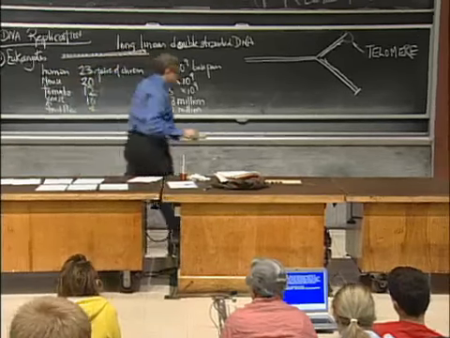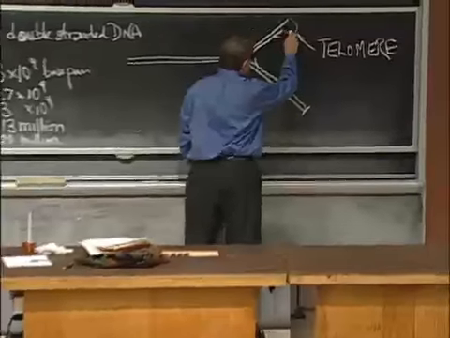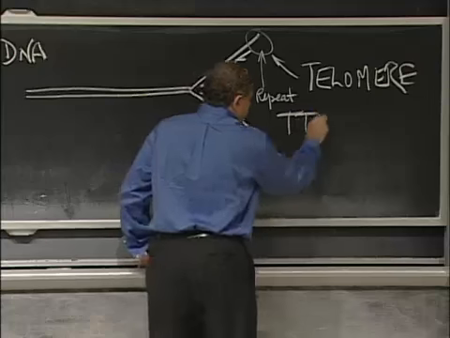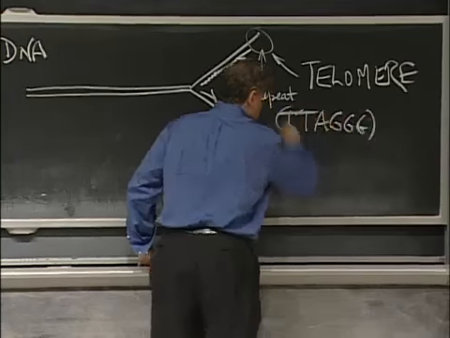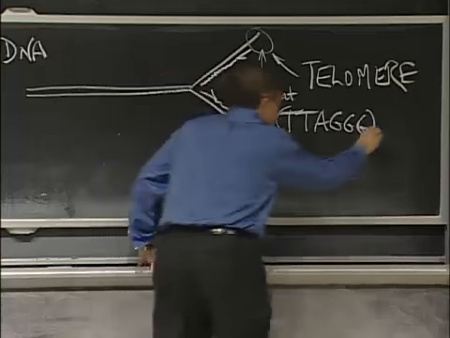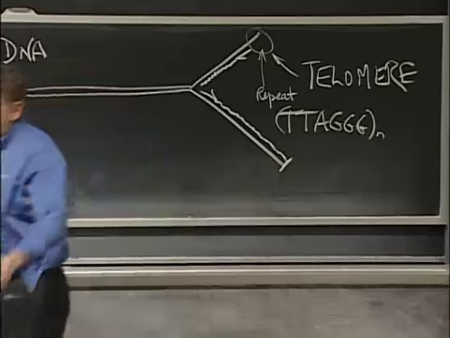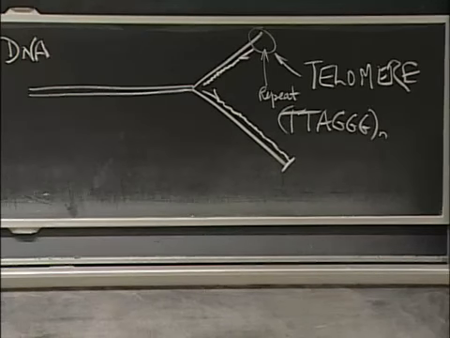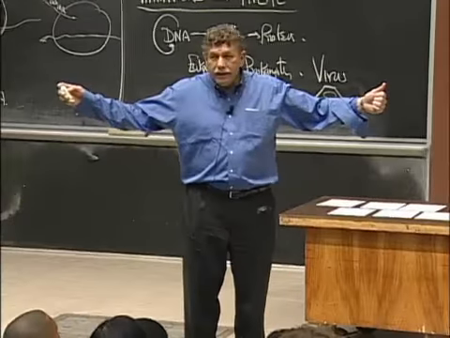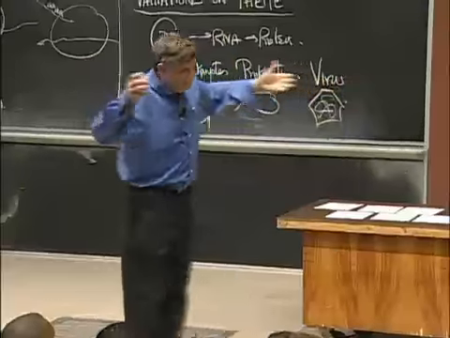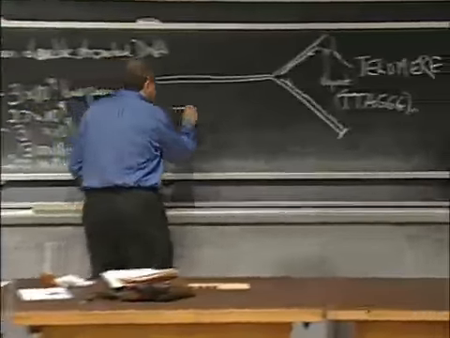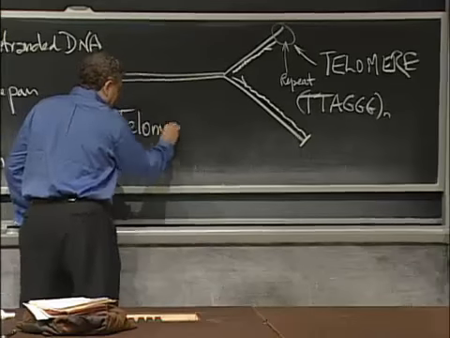There's a repetitive sequence that occurs out here. T2AGGG in humans, different things in other organisms. And there's a specific enzyme that comes along and adds back telomeres so you don't get in trouble failing to replicate enough stuff at the end. By chance, the enzyme happens to be called telomerase. And some folks got a Nobel Prize for this last year, for understanding how telomerase works.